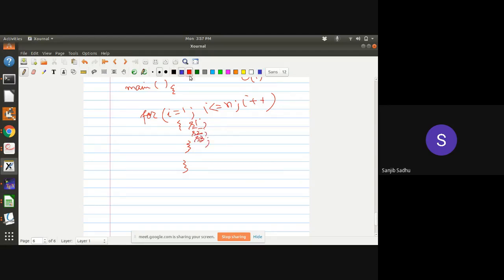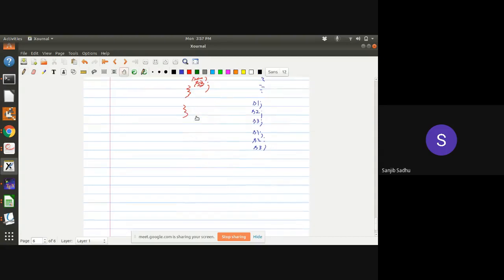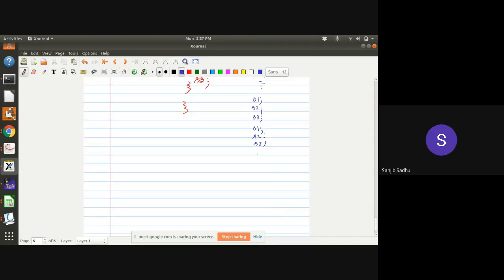So what will he say, that he will write like this: main, some statements are there, s1, s2, s3, s1, s2, s3, s1, s2, s3. He will not write a for loop. Please remember what he is doing.